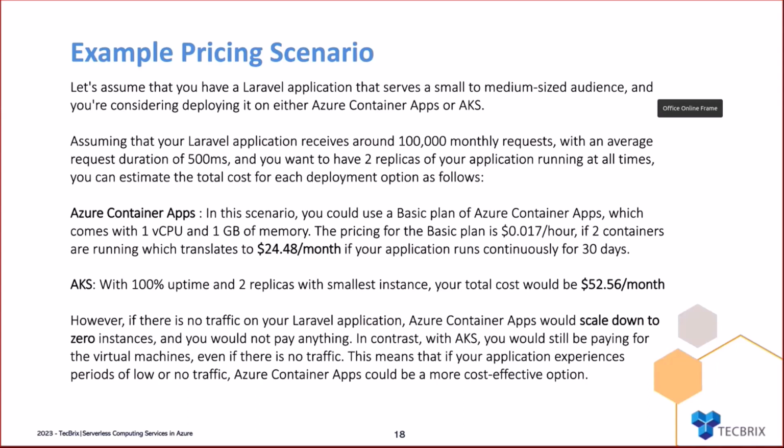That means your replicas and servers are running 24/7, at any time of the day. And if you have two replicas, let's say with smaller instances on Azure Kubernetes Service, it will cost us $52.56 per month, as it is an imaginary calculated scenario.